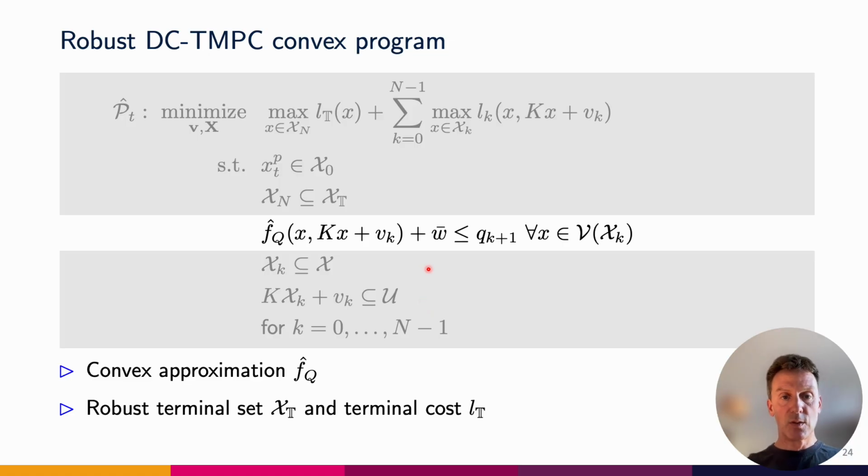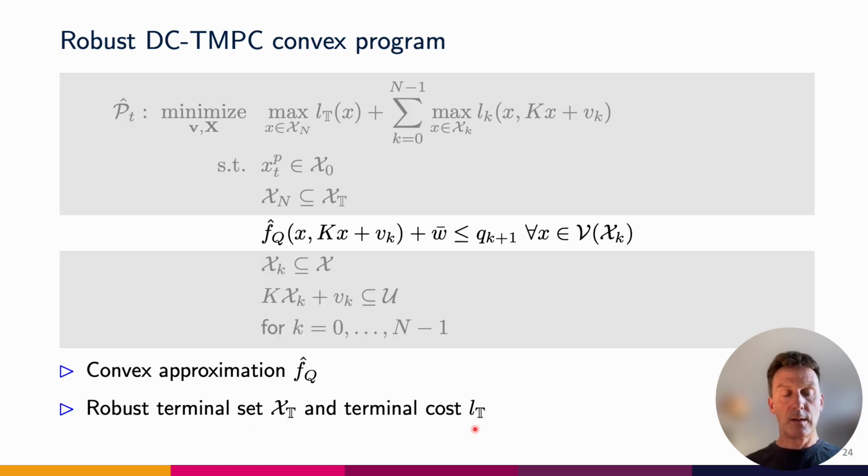So we can ensure robust constraint satisfaction if we consider the worst case effect of the disturbance on these constraints. So I've simply replaced the disturbance by an upper bound based on the bounds that are available on the disturbance set. We also need to modify the terminal set for the algorithm and its terminal cost.